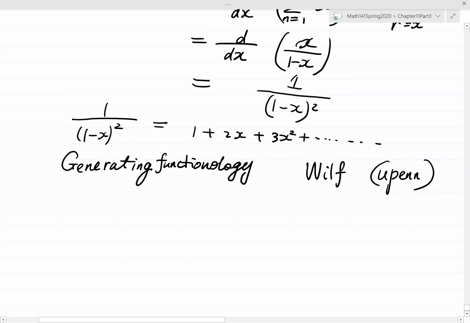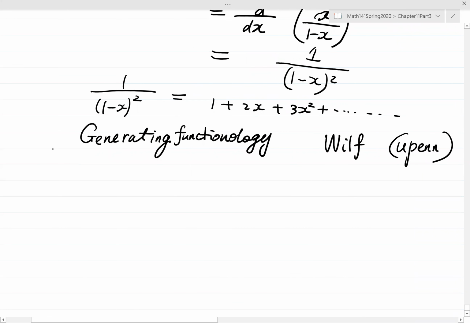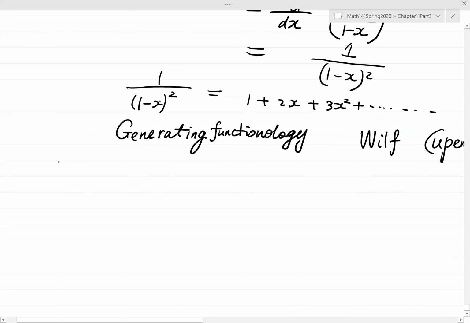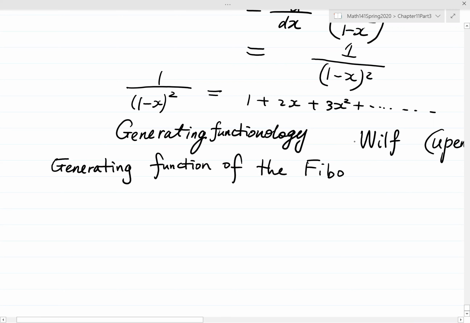Now let's do the Fibonacci sequence. Example: the generating function of the Fibonacci numbers. Remember the Fibonacci sequence is defined in this manner.